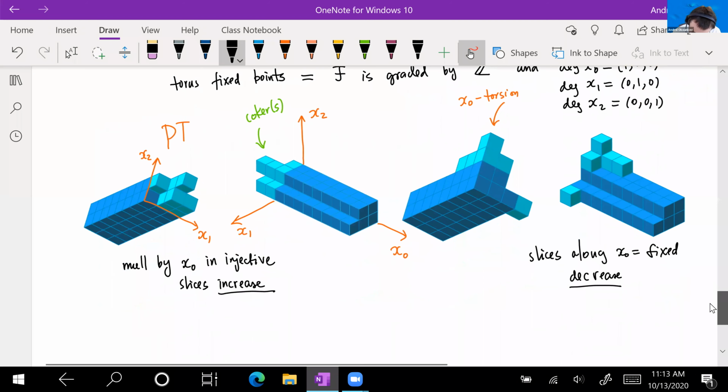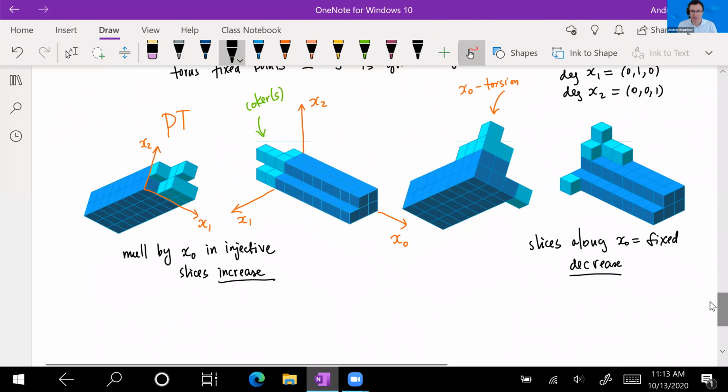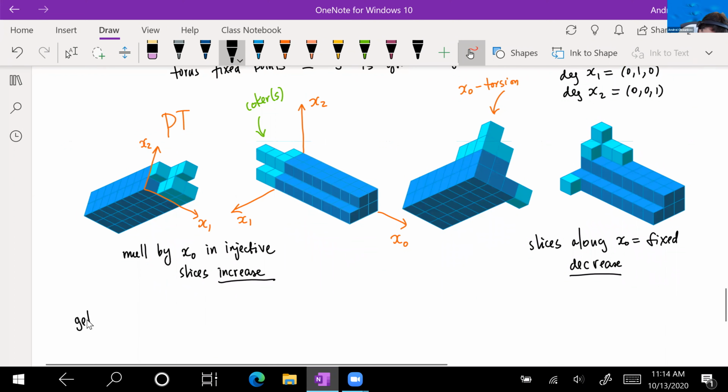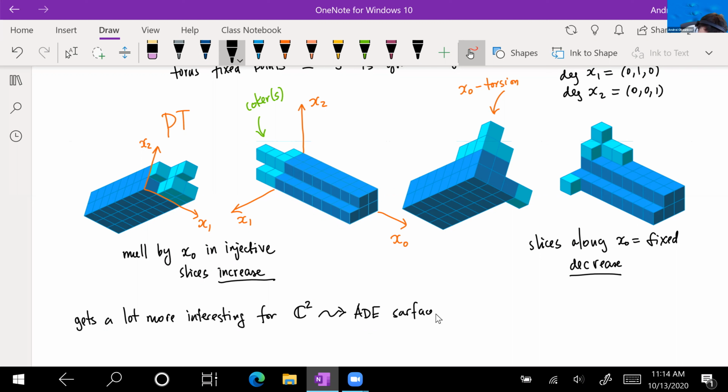And then I already tried to give some advertisement to Henry's paper. So if you want to, this gets much more interesting. It's a lot more interesting if I take C2 and replace it by a surface.